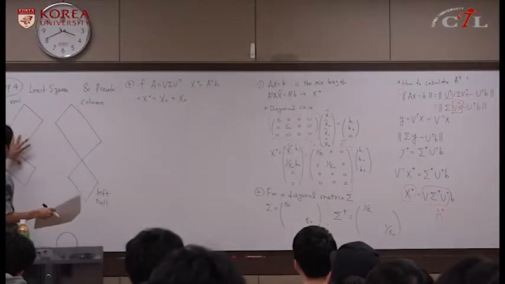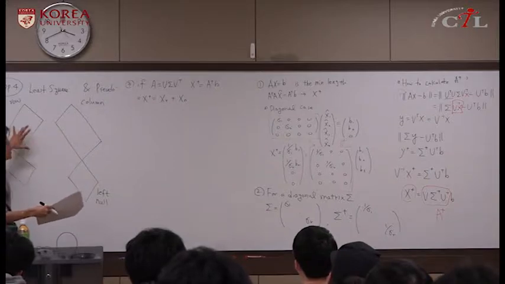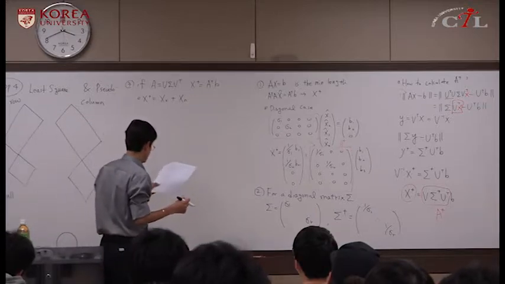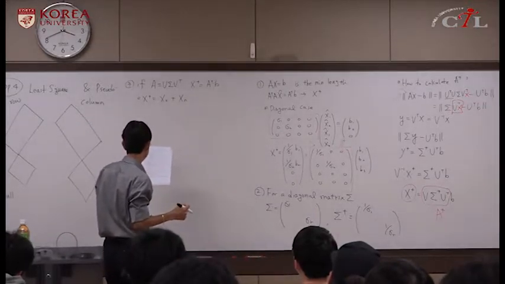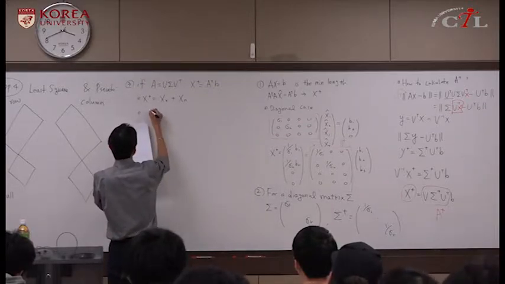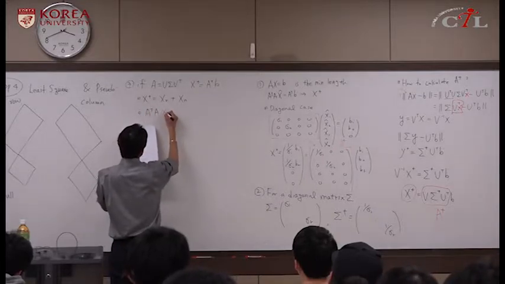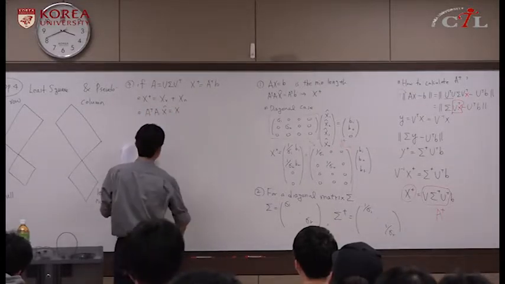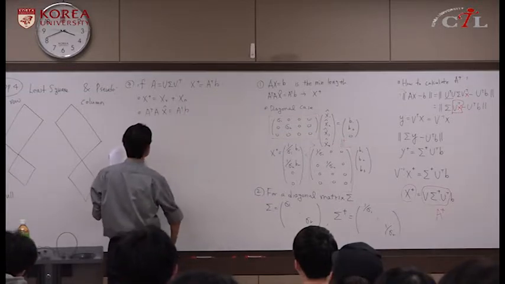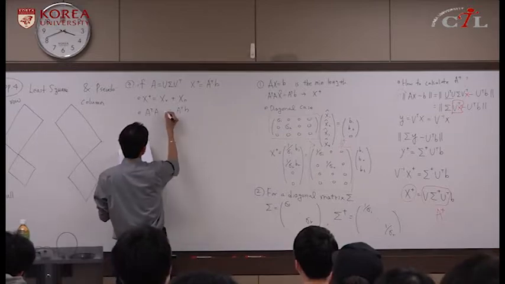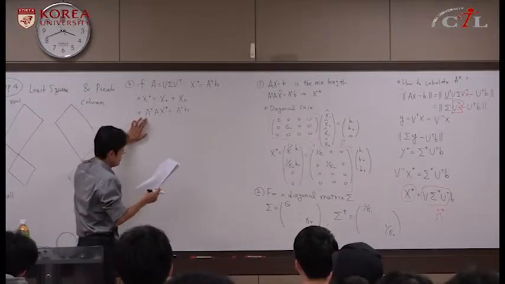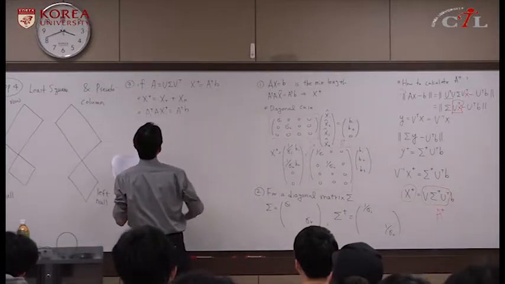X pseudo is a combination of row component and null component in general, of course. Now, x pseudo satisfies this equation because x pseudo is one of its solutions. X pseudo also satisfies this equation for any n.